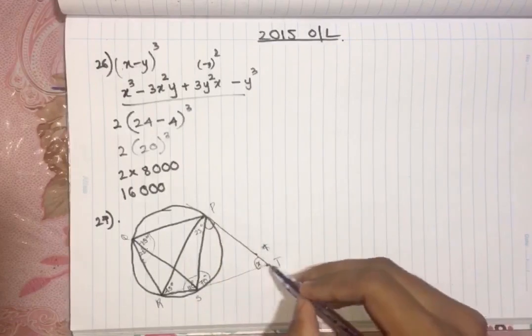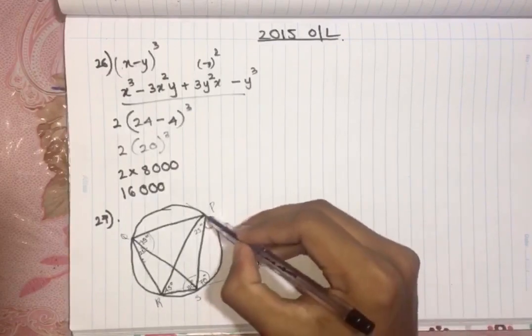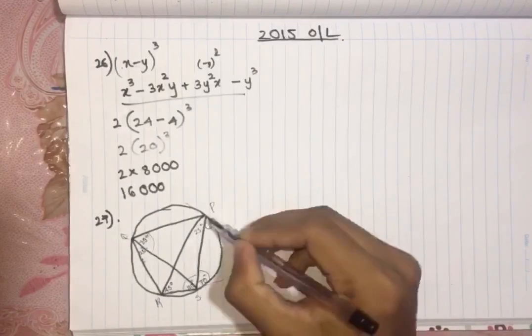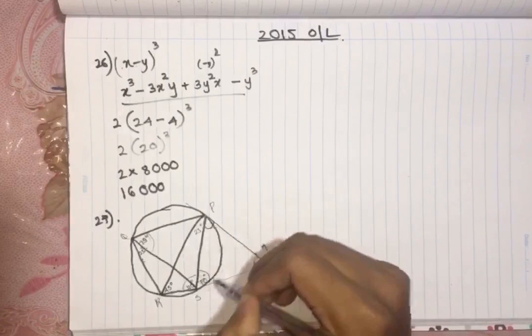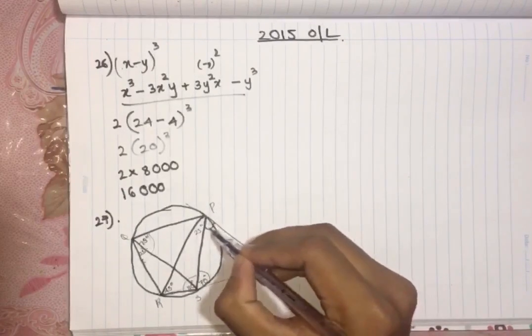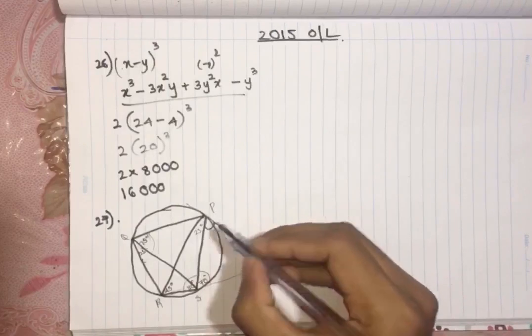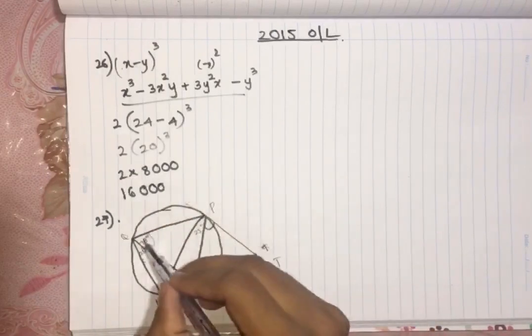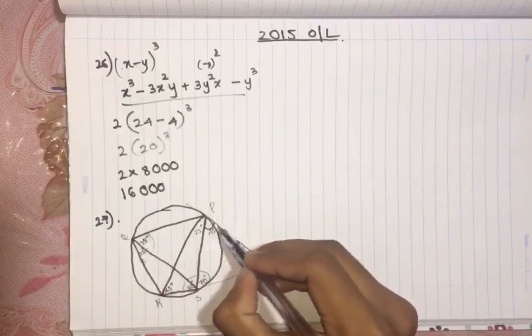That is, the tangent is drawn here, right? From the tangent there is a segment drawn here. The angle with the tangent is equal to the angle formed in the opposite segment, that is 45. This angle is equal to 45.